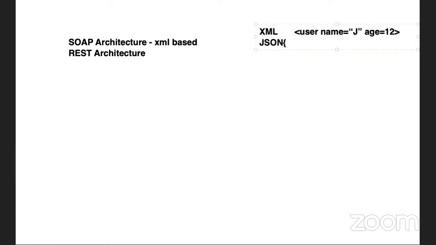JSON data of a similar thing we get in this format, in key-value pairs. So let's just use this name and we will call it J, the value, and this one goes as age and the value 12. Now how does this work?